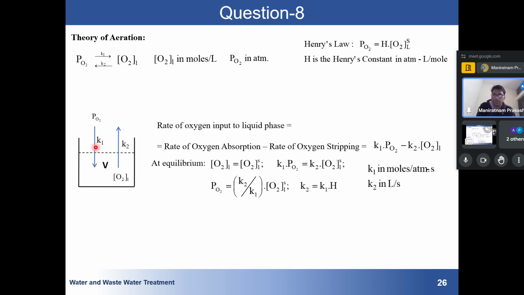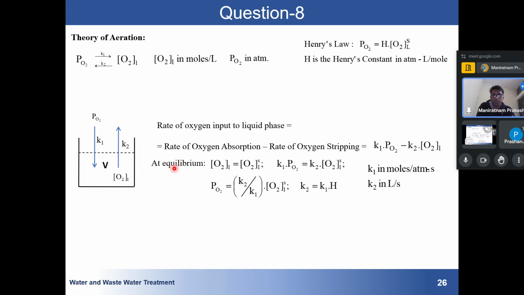Remember, this was your tank. Oxygen from air will come into the system, and liquid oxygen will also be in the system. The oxygen in the liquid phase will depend on the rate of oxygen absorption, that is K1, and the rate of oxygen stripping, at which oxygen is leaving the system.